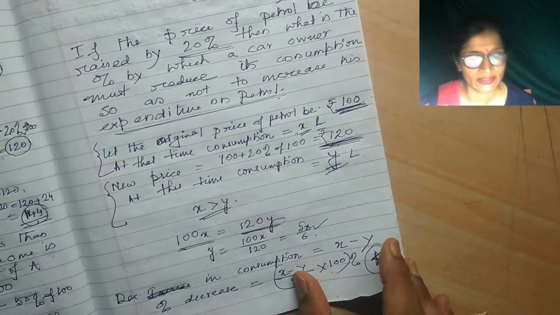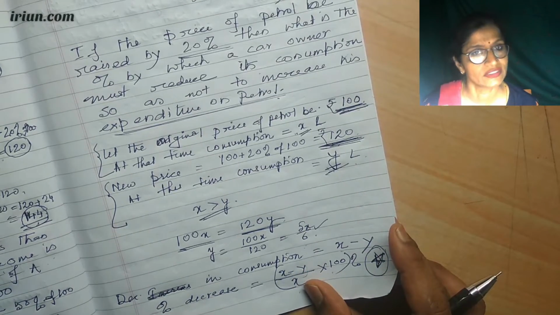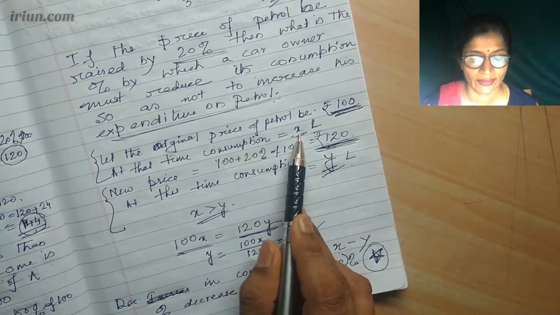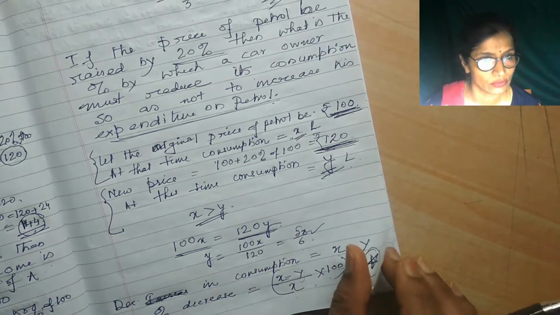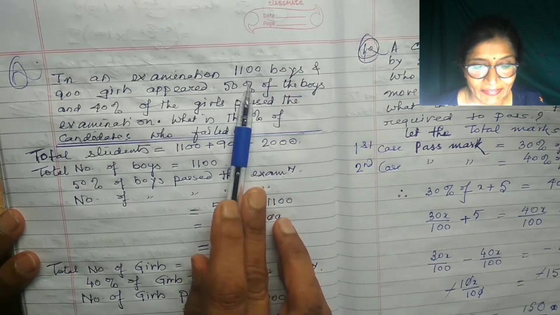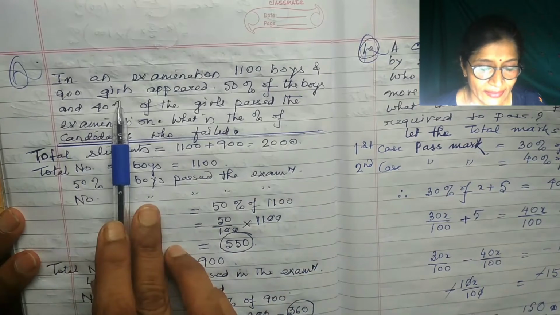You can use another method also, by considering the consumption to be 100. Okay. Next sum is that in an examination 1100 boys and 900 girls appeared.